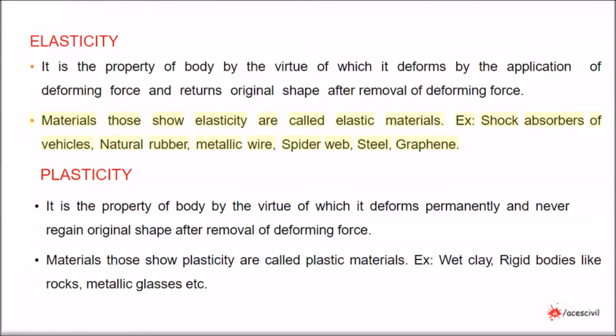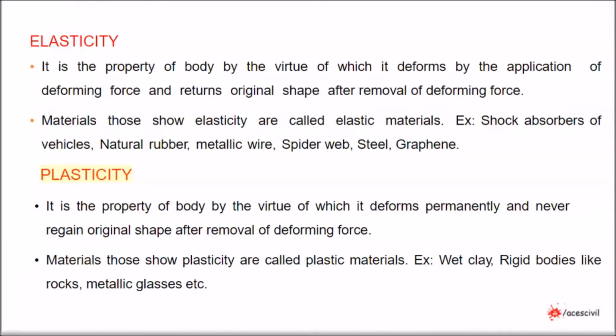Materials that show elasticity are called elastic materials. Examples: shock absorbers of vehicles, natural rubber, metallic wire, spider web, steel, graphene.